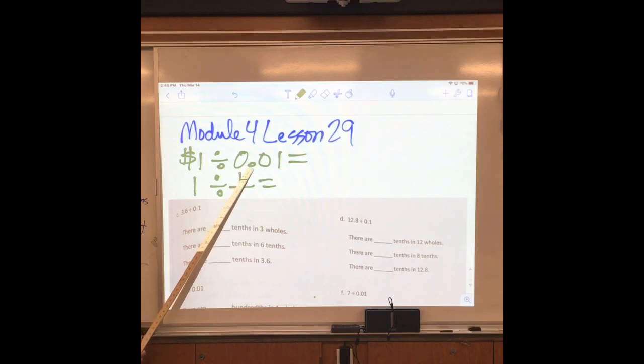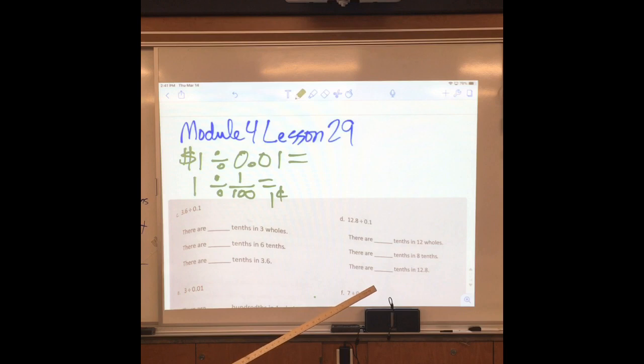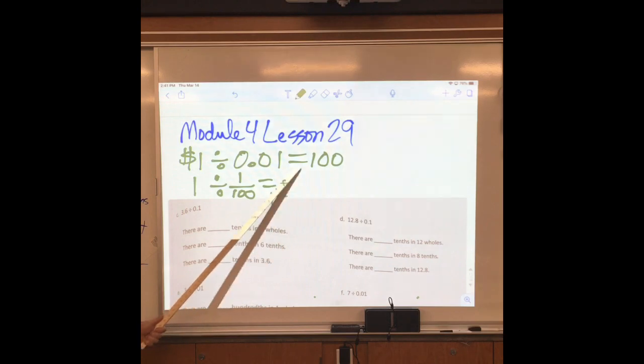Well, we know that our decimal, first place is tenths, and this is what? Yes, that's right, hundredths. So there's 100, right? That's pennies, isn't it? That would be like 1 cent. Question, if I exchanged my $1 for pennies, how many pennies am I going to end up with? Good job. You guys said 100. Excellent work. I would end up with 100 pennies.